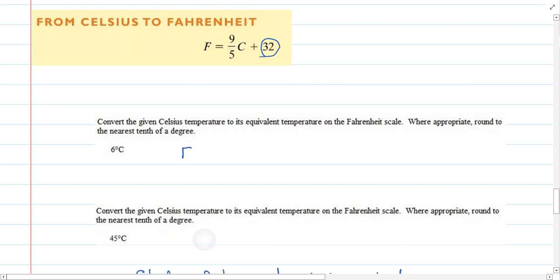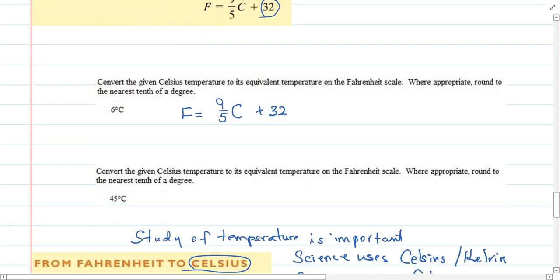We understand that to find the Fahrenheit temperature, we have the 9/5 Celsius plus 32. The ratio is flipped from the Celsius one, which was 5/9. So our Fahrenheit is going to be 9/5 times 6 plus the 32. And we're doing it all by calculator.